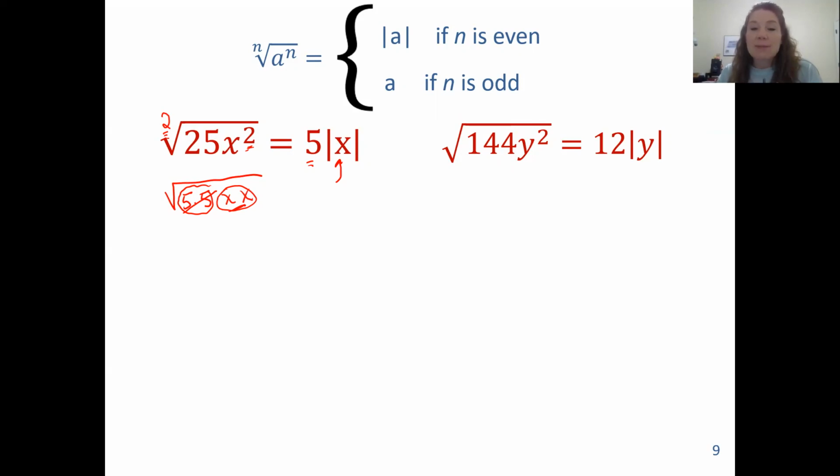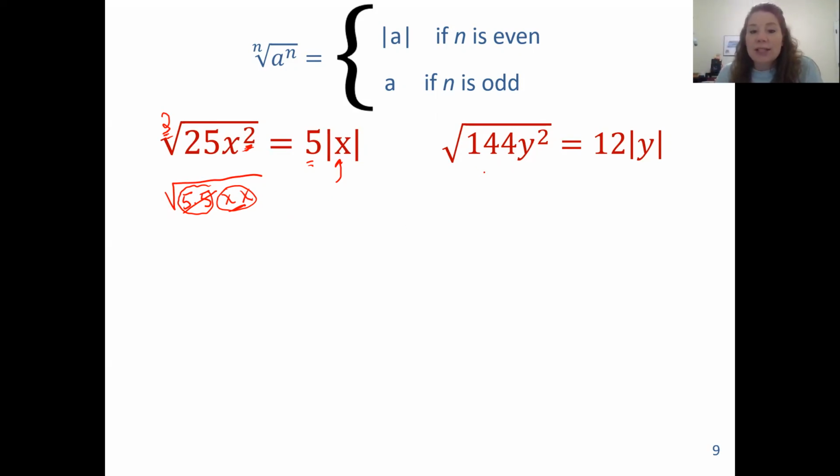If you did have an absolute value of a negative number, it would not be a real number. And so that's a whole different type of problem we'll get into on Thursday. But anyway, since these are both perfect squares, there's no radical in our answer. However, since these two numbers match and they're even, I have to put this x in absolute value marks. And you're just going to have to remember to do that.